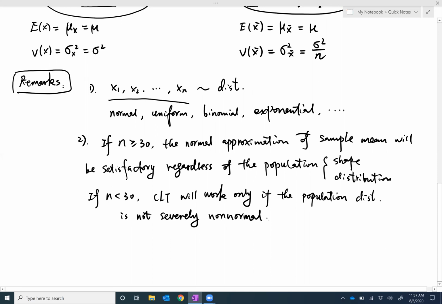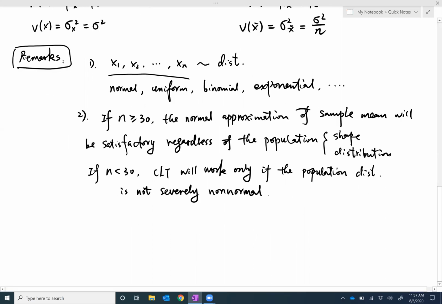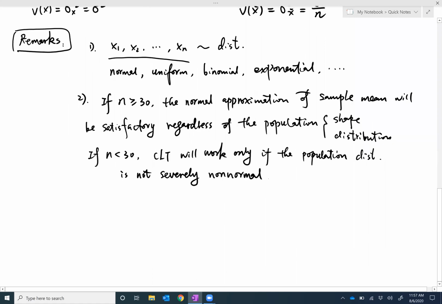That means if the population distribution shape is close to a normal distribution, then it will work. However, if n is greater than or equal to 30, then no matter what kind of distribution, regardless of the population distribution, if you take the average, the sample mean normal approximation will be satisfactory.